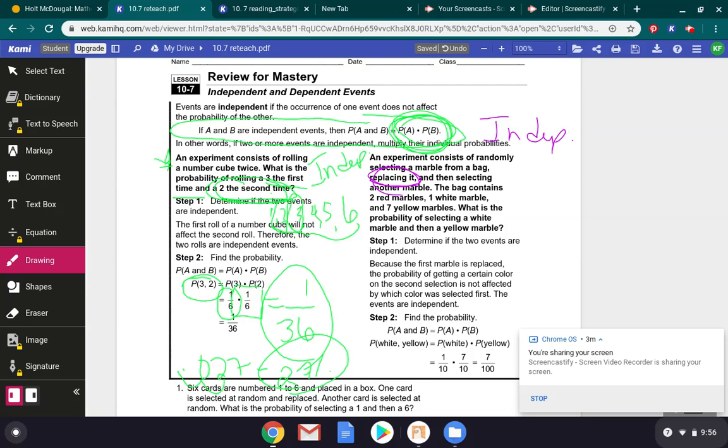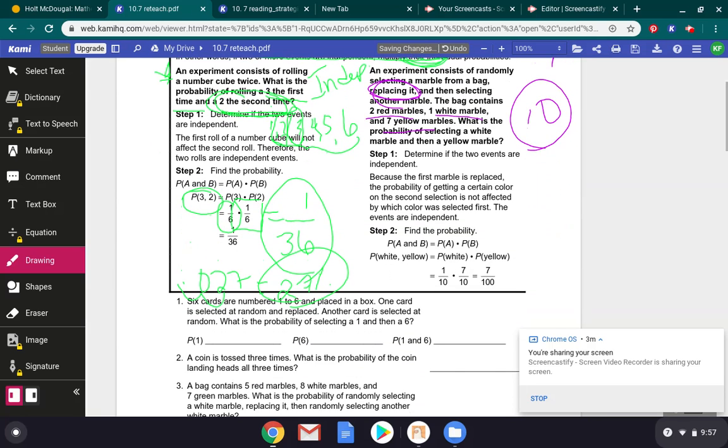All right, so we have a bag and we're replacing the marble. We take one out and then we place it back in. So it says here the bag consists of 2 red, 1 white, and 7 yellow marbles. So all together in our bag, 2 plus 1 is 3 plus 7. There's 10 marbles in our bag. So that's going to be down on the bottom, 10.